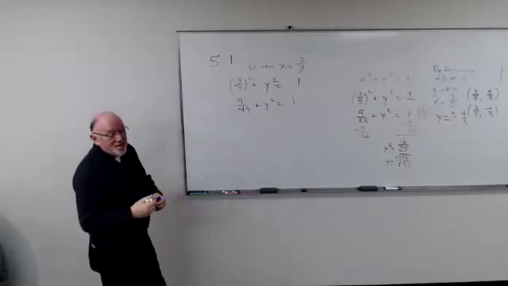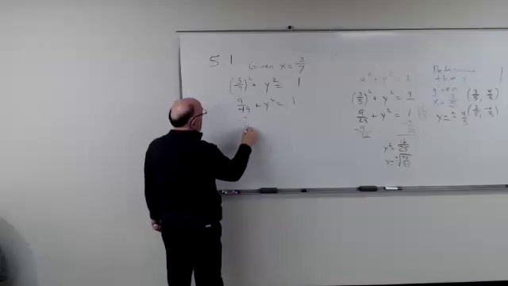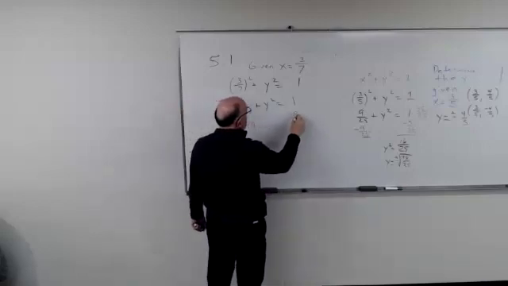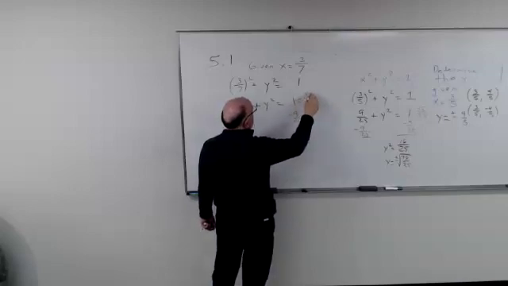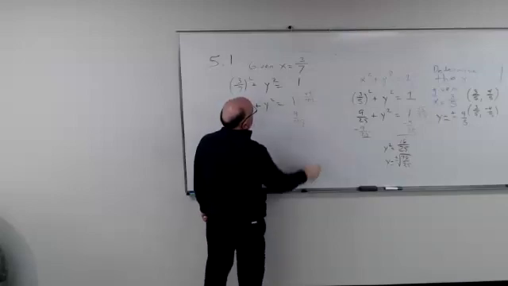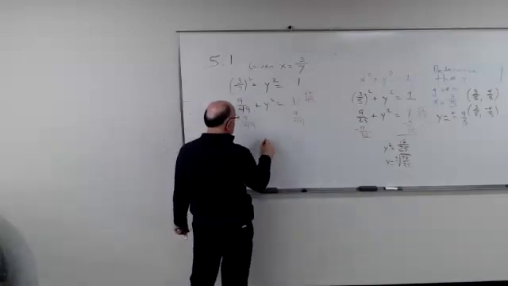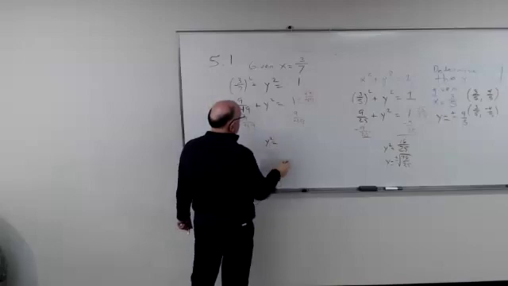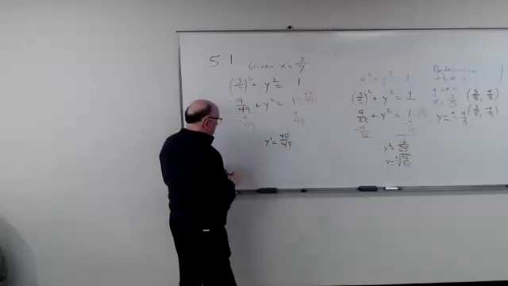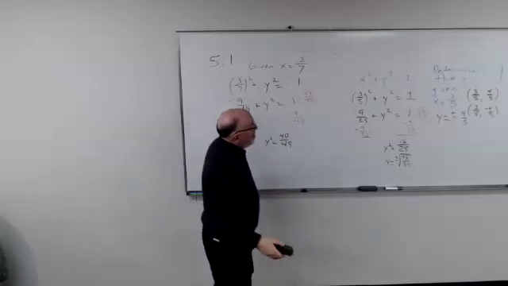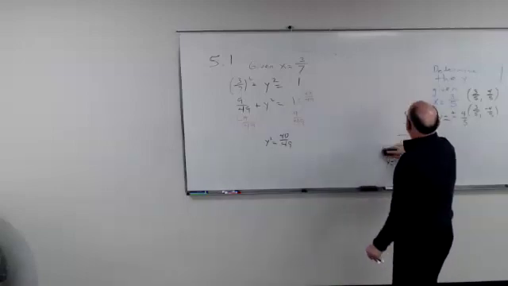And again, we want to subtract. We can rewrite this as 49 over 49. The y squared is going to be 40 over 49.